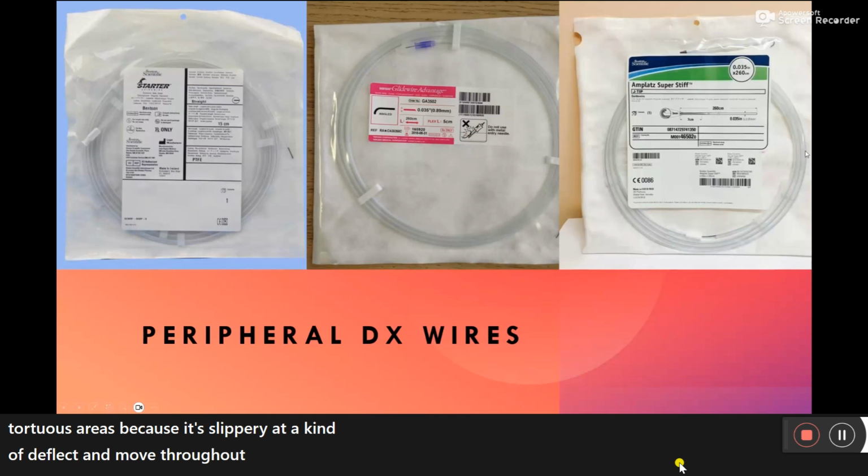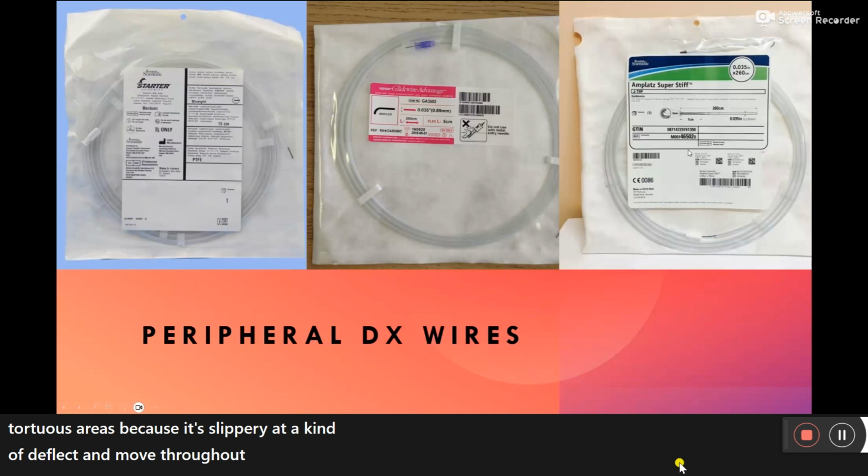But I wanted you to see these three because these are the three most commonly used ones. The Benson is a workhorse. I always use it in the beginning. Glide wire helps when we can't advance the catheter through a heavily diseased or tortuous area.